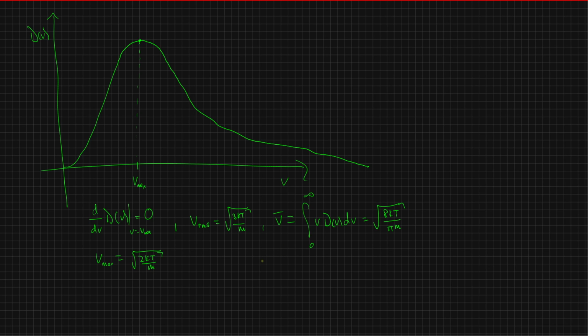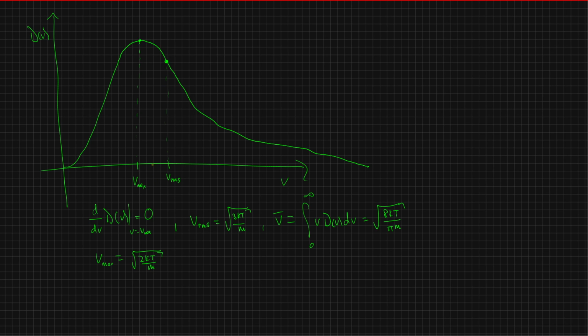Mixing up these three speeds right here is a very, very common mistake for all kinds of people that I've talked to whenever they take labs where you have to do data analysis of some type. So V max corresponds to this one right here. V RMS, this might be a little bit exaggerated, so don't take this to be quantitatively correct, but it's qualitatively right, V RMS lies somewhere over here.